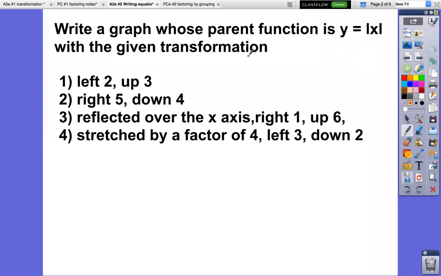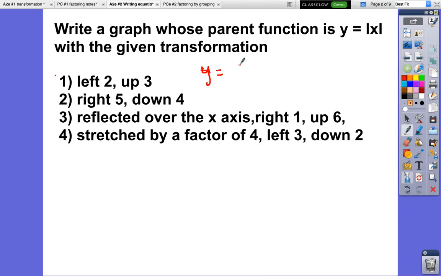So with that said, again, I'm making sure that you guys are with me. Now I said write a graph. I meant write an equation of the graph whose parent function is y equals the absolute value of x. So let's do this backwards. So if I start like this, sorry, that's a y.